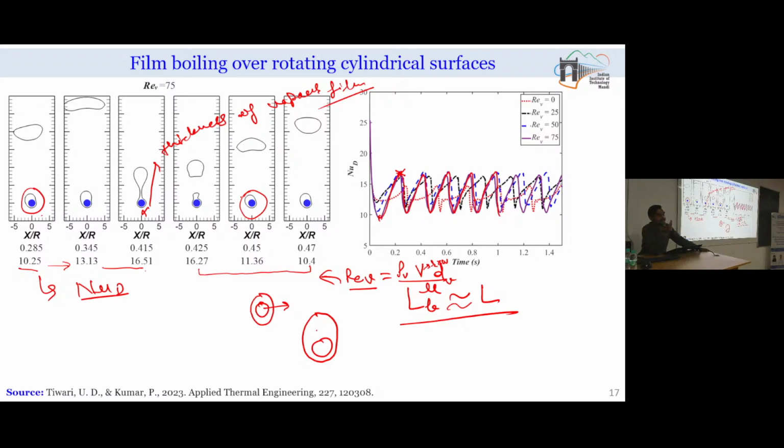So, in a film boiling regime, when the bubble just pinches off from the surface, we can achieve the minimum thickness of the vapor film on the heater surface, and corresponding to that situation we can have the highest value of heat transfer. And when vapor is growing over the film, the thickness will keep on increasing and the heat transfer coefficient will be less.